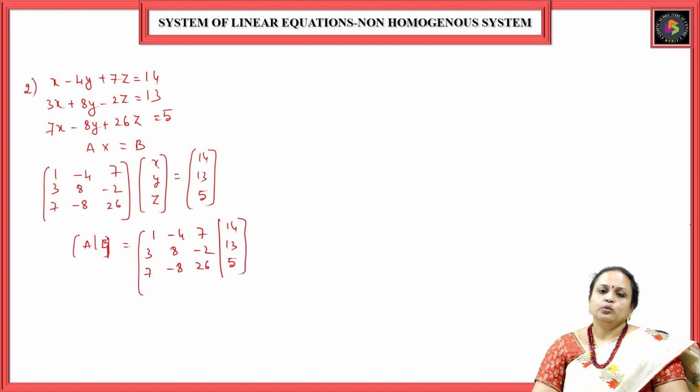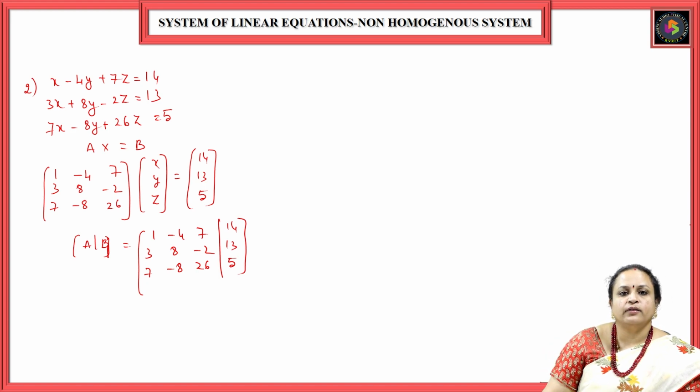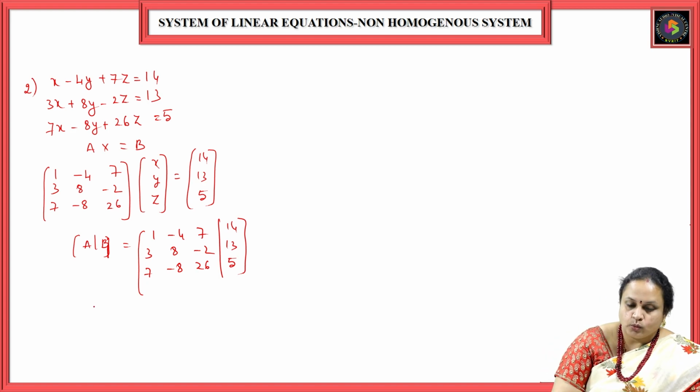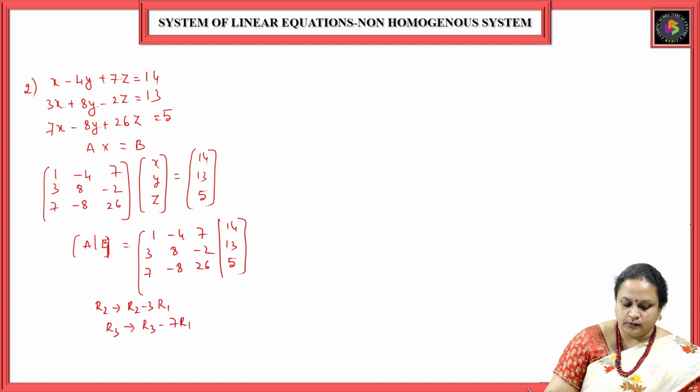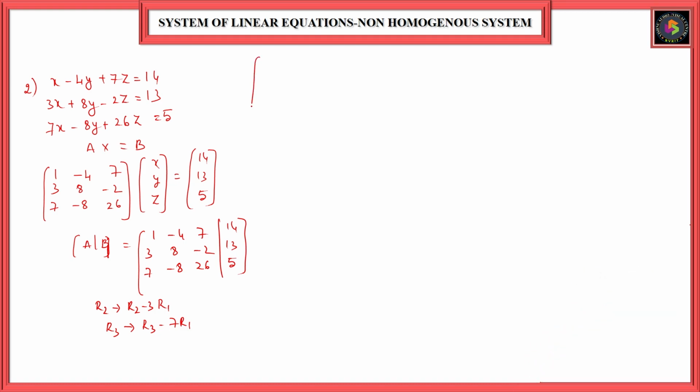Now let us bring this matrix A into echelon form and then find its rank. So R2 implies R2 minus 3R1 and R3 implies R3 minus 7R1. So upon making these operations, yeah, we will get this.